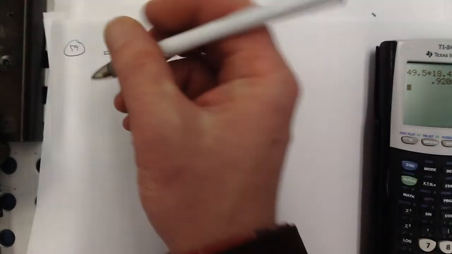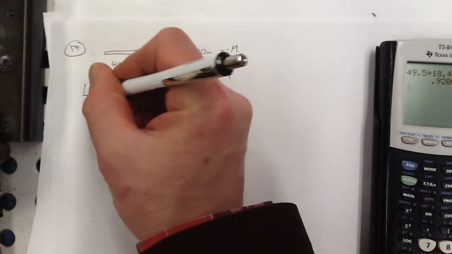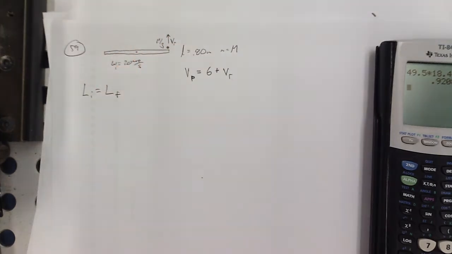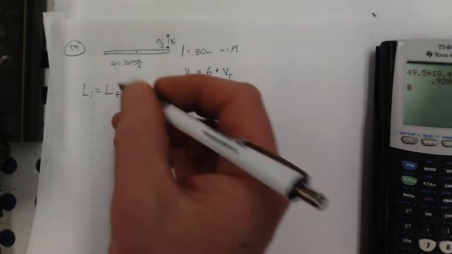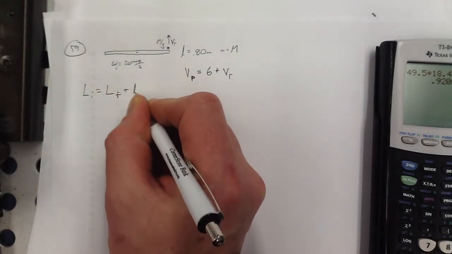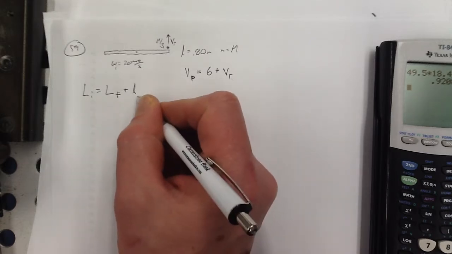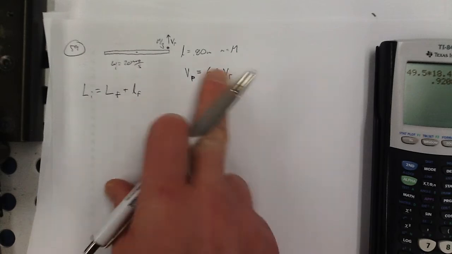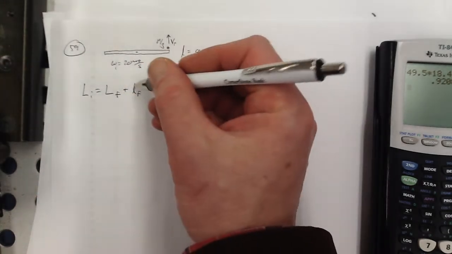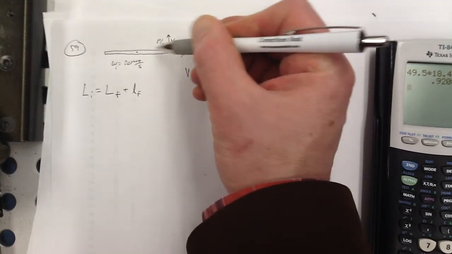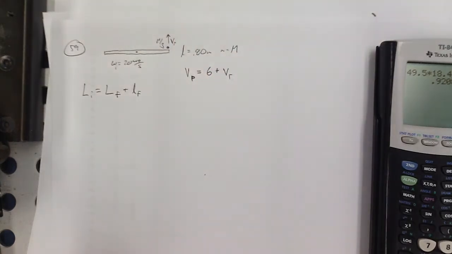So initially, what do we have? Actually, I should say this is the L final plus, why am I including this lowercase l? Not to be confused with the length of the rod. That's the momentum of this thing, which we're now going to think of as a particle relative to this point, right?